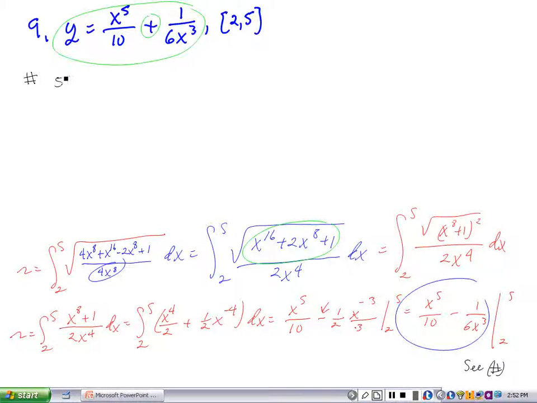So we get 5 to the 5th all over 10 minus 1 over 6 times 5 to the 3rd power, minus now 2 to the 5th all over 10 plus 1 over 6 times 2 to the 3rd.